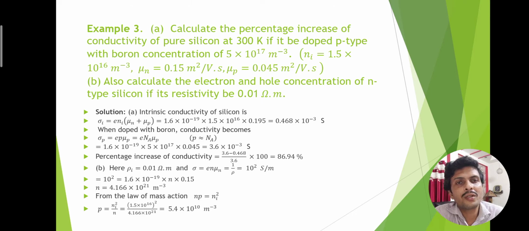So you get the sigma I equation to be derived, and if you put all the values of the electron mobility and intrinsic carrier concentration, you will get it equal to 0.468 into 10 to the power minus 3 Siemens.